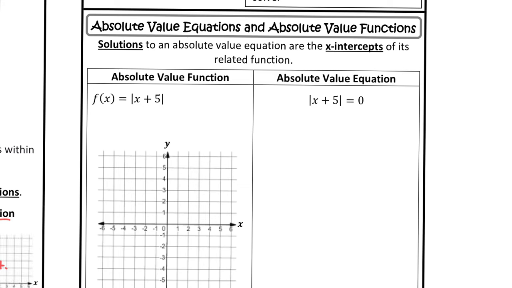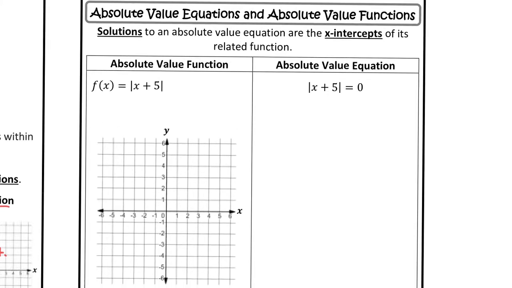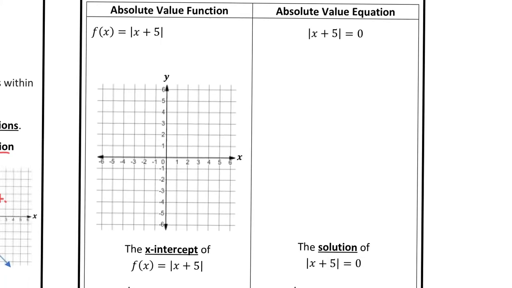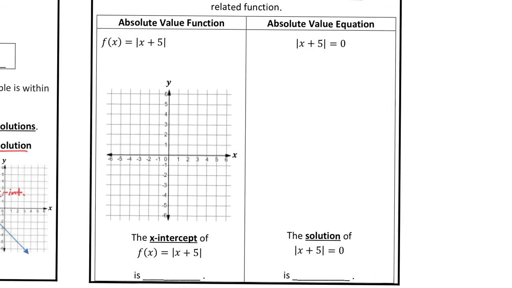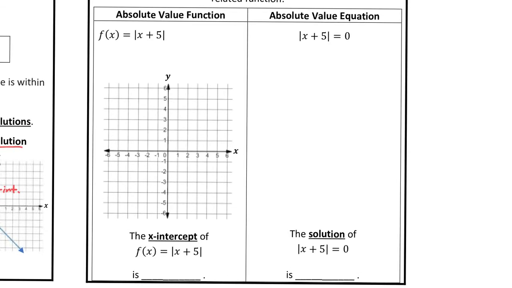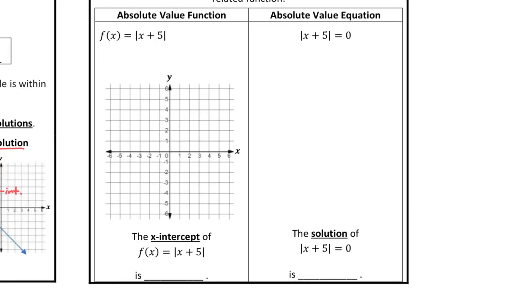Okay, so let's graph it first. We've been graphing in the previous topic, so we're going to graph, since that's what we're familiar with. So here we have plus 5.